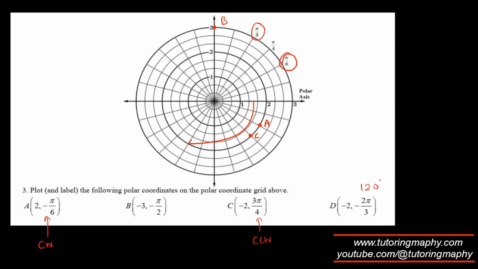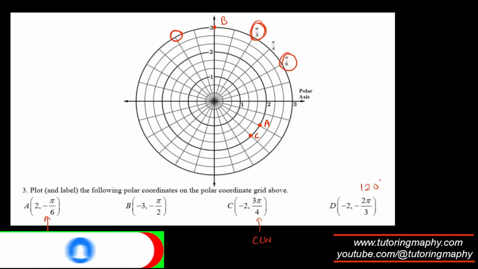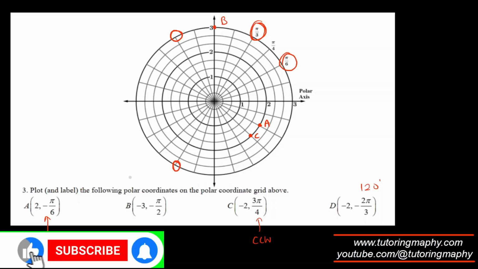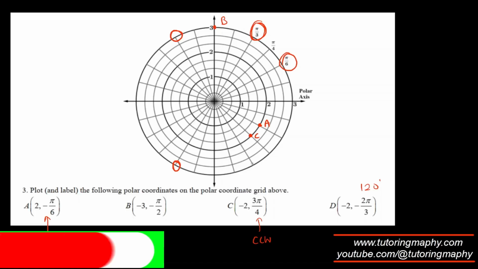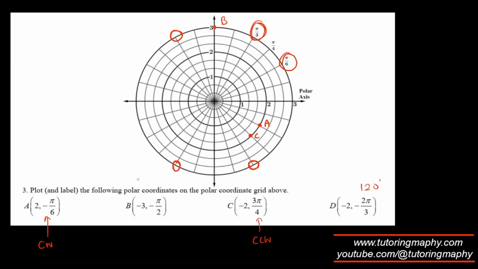Quadrant 3 right here. Okay, so this is pi over 3. Then this will be its corresponding quadrant 2 angle. This will be its corresponding quadrant 3 angle. And this will be its corresponding quadrant 4 angle, right?